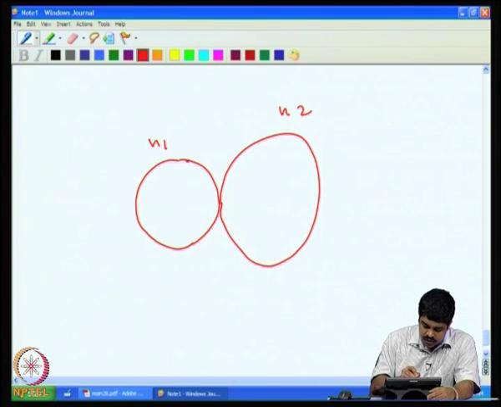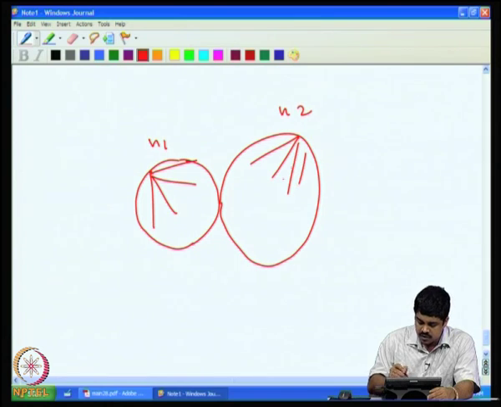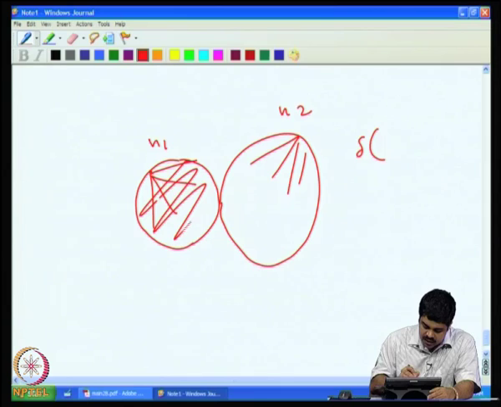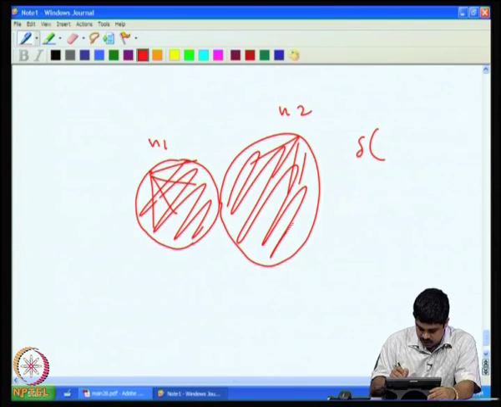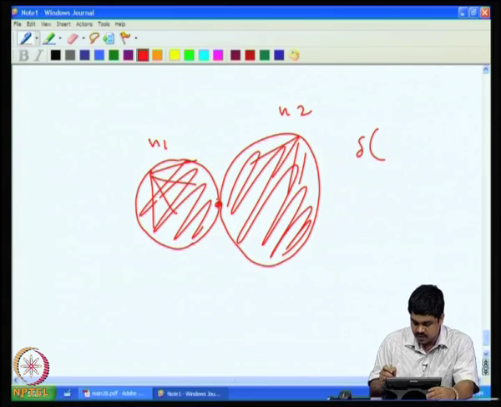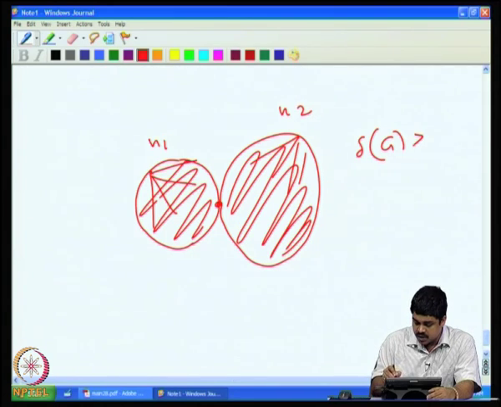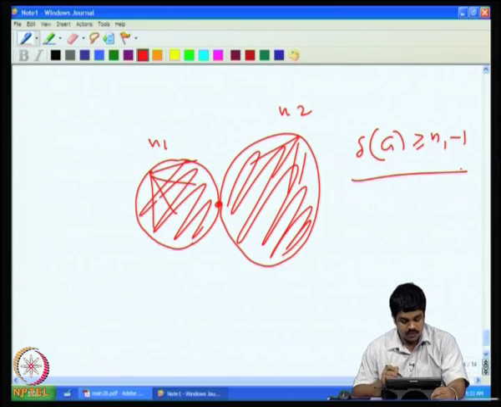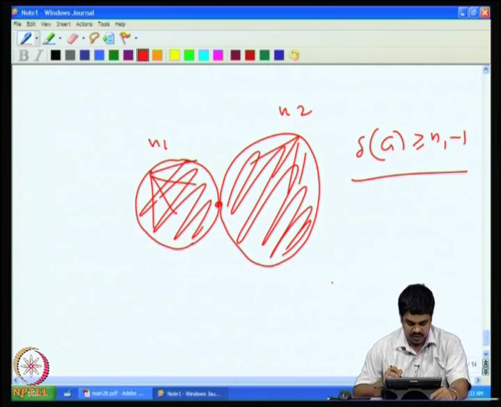So, every vertex here has degree n1 minus 1, right. Here n2 can be bigger than n1. Suppose I make both of them cliques and then paste them on one vertex. It is a connected graph, but delta of G can be greater than or equal to n1 minus 1. So, there is no Hamiltonian circuit in this graph.